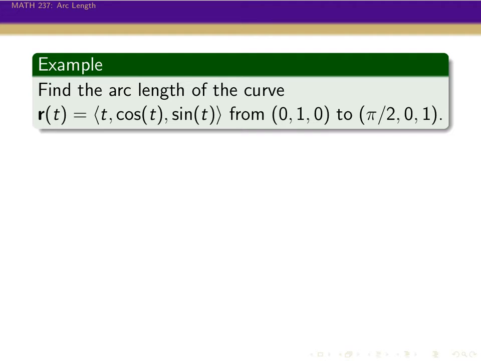And so just a quick picture. I think that we looked at this example before in an earlier video. It's starting off at this point (0, 1, 0). Because we have sine and cosine, y squared plus z squared equals 1.